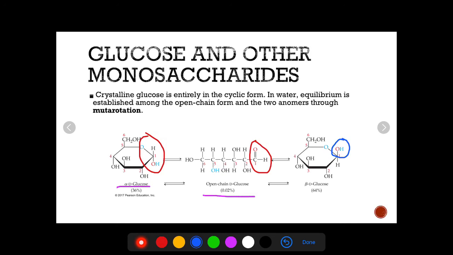And so it can do both. It can form the alpha and the beta as well. So when this happens, it's referred to as mutarotation. Okay, so again, when we put it in water, the chain will open and close and form the alpha and the beta D-glucose.